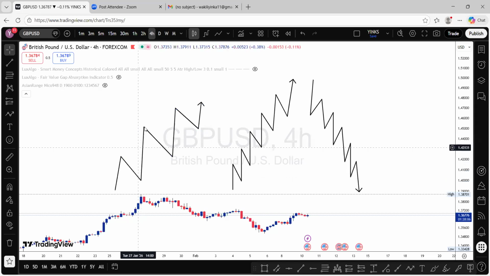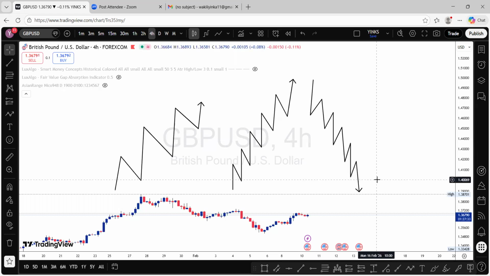So all these highs you're seeing are called swing highs, and these points are called swing lows. Price is giving you swing highs and swing lows in the upper direction. Now let's come to this side. It's still giving you the same swing lows and swing highs in the downward direction. Are we following? Yes, yes.